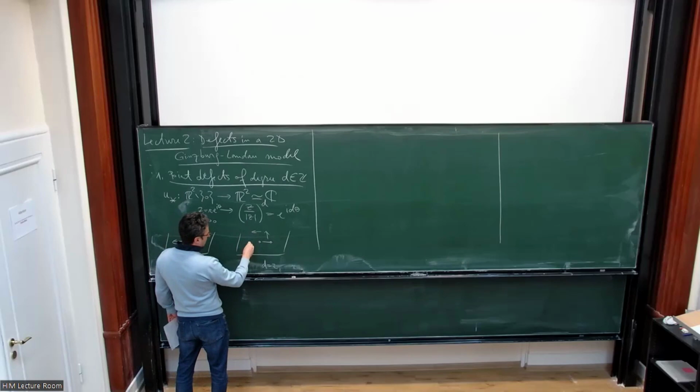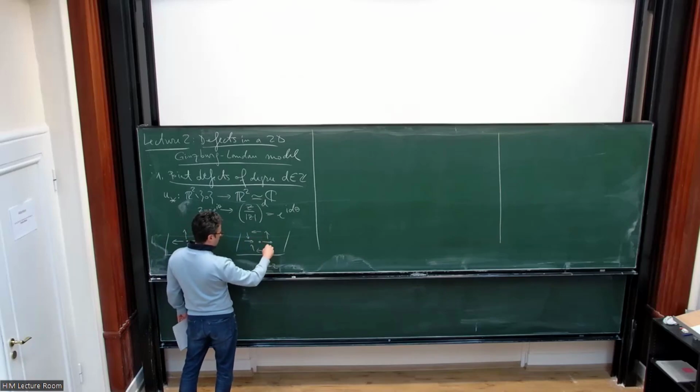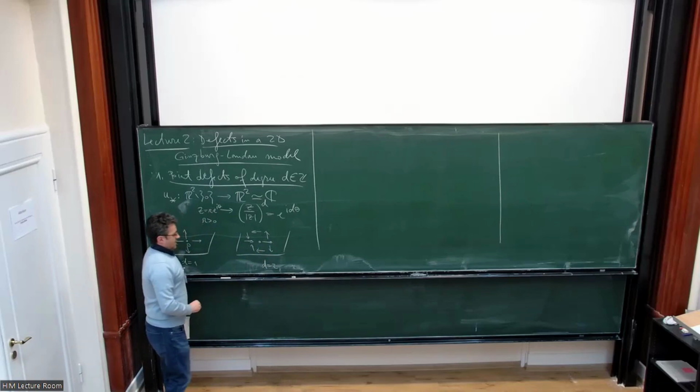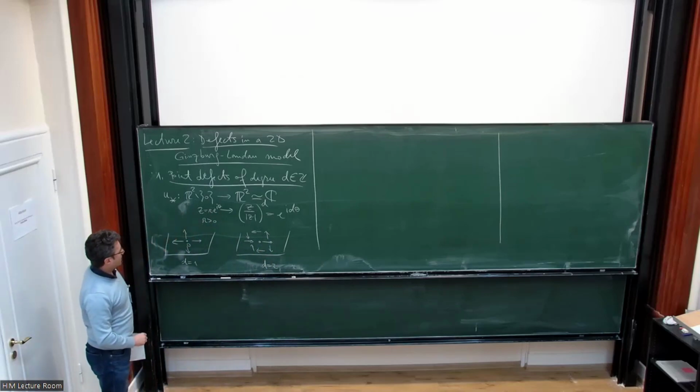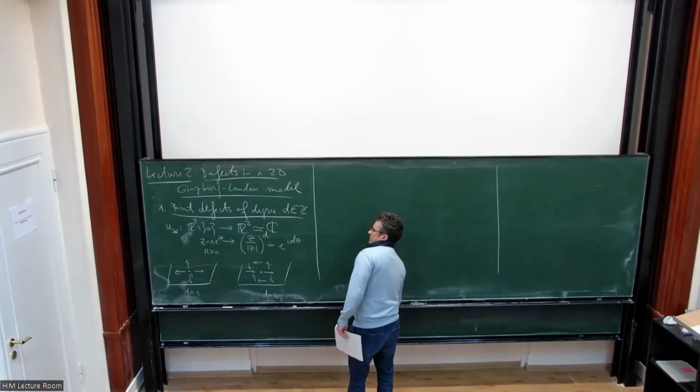So here you have to be over here. At some point you will have to turn like this, and then you continue turning. It's periodic, so you're like this, and then you turn back. Okay?